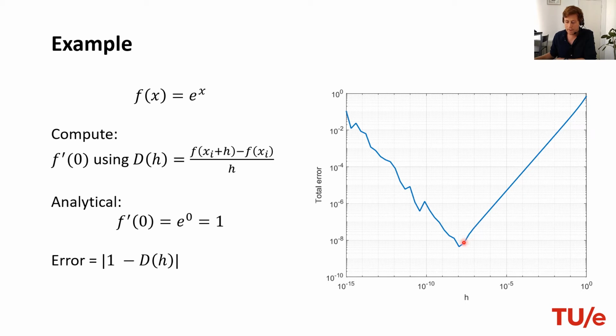However, we see that at some point, further decreasing h leads to a very counterintuitive effect where the error actually starts going up dramatically as well. This is unexpected if you only look at truncation error, but this is really where rounding error starts to come into play.